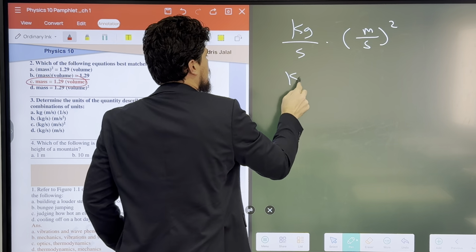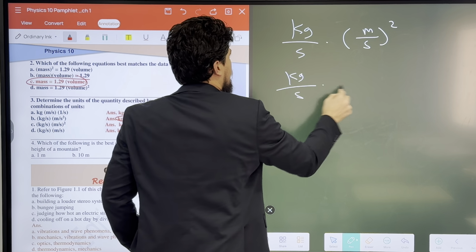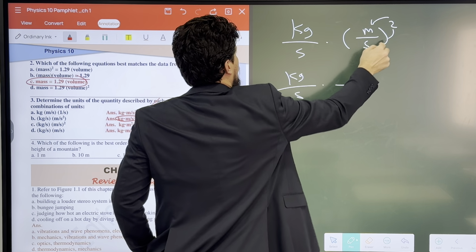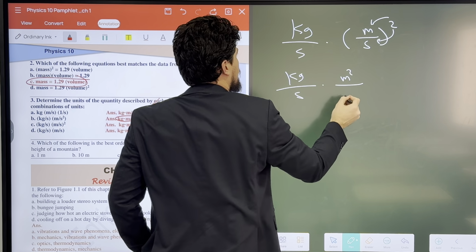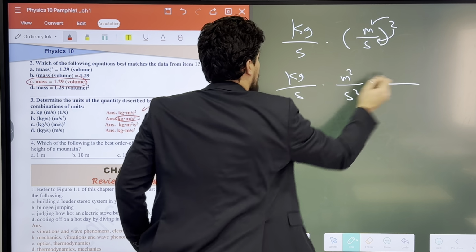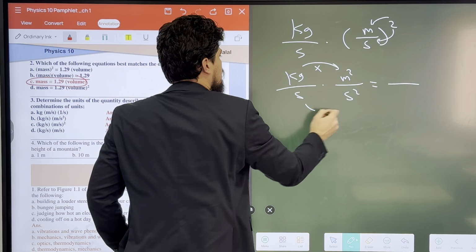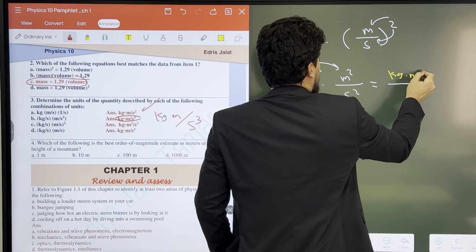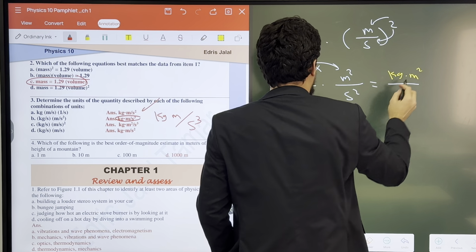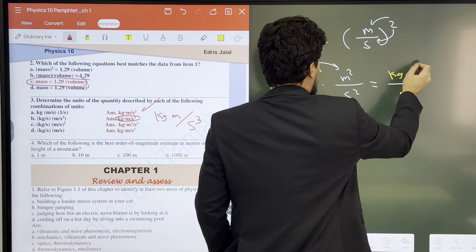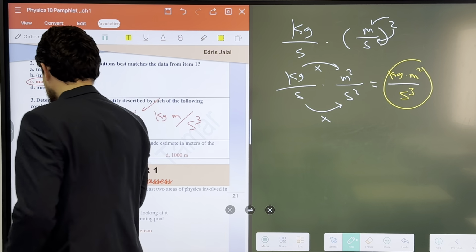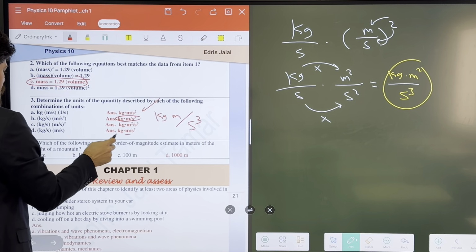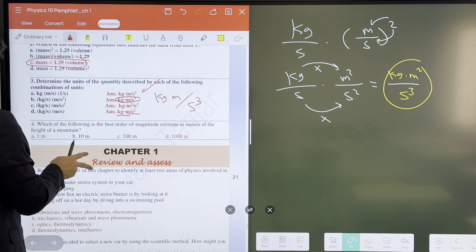Open the bracket. This square for mass or for second, for both. Meter squared, second squared. Numerator times numerator, denominator times denominator. Kilogram times meter squared, kilogram meter squared. Second times second squared, second cubed. Kilogram times meter, the last one, kilogram meter. Second times second, second squared.